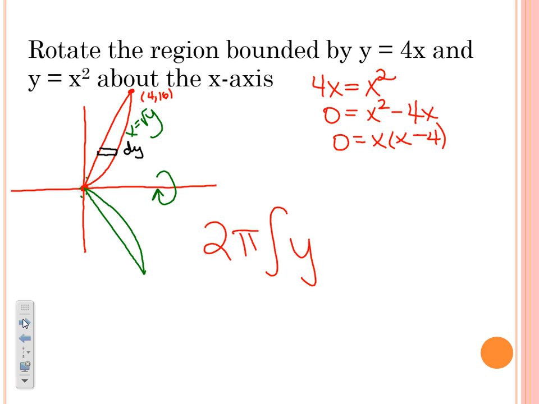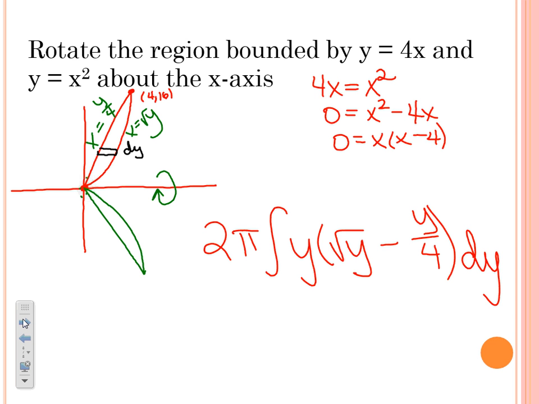And y equals 4x is x equals y over 4. So the height of our shells, right minus left, would be radical y minus y over 4, dy.